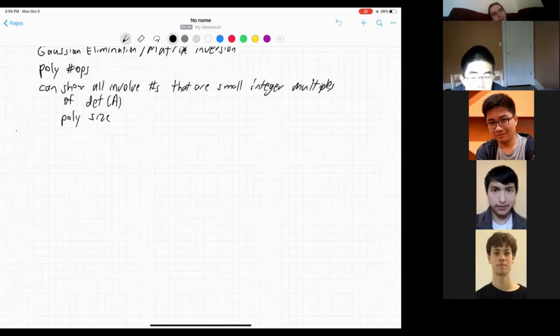All right, so let's generalize. What if A is not square? What do we do in order to find an answer?